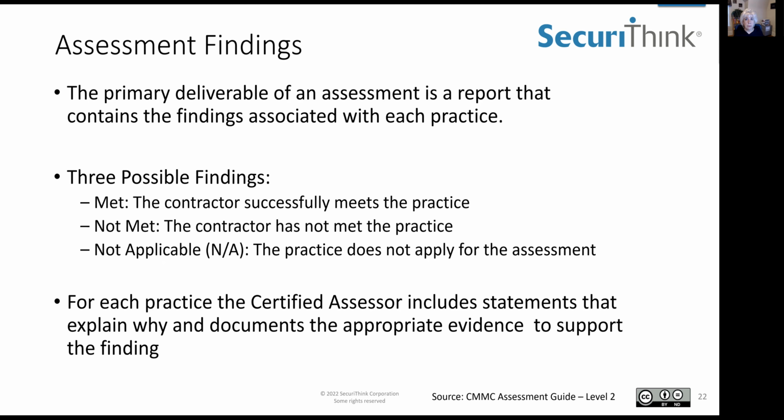And not applicable, for cases where the practice has been shown to not apply. The assessor's report includes statements that explain why the assessor's finding is what it is. And it also documents appropriate evidence for every single practice. Now you can see how the assessment procedure leads to this outcome, to this report, and how all the elements we just covered build on this deliverable.